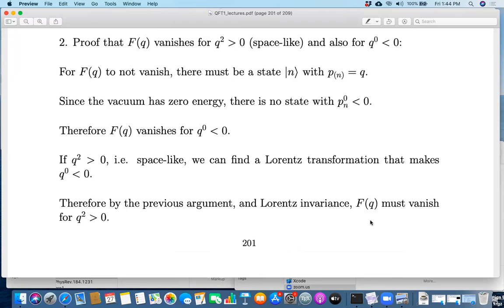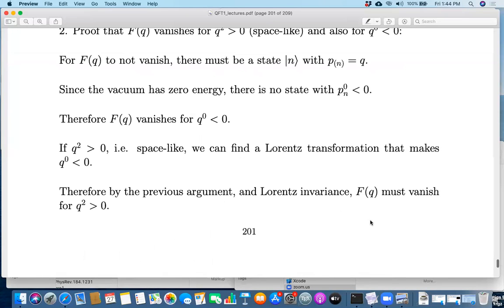Okay, so let me then proceed. Now we have to prove that f of q vanishes for space-like momentum, for q square positive. And here you are going to use a property of the Lorentz transformation. If q square is positive, what does that mean? It means that q vector square is larger than q0 square.